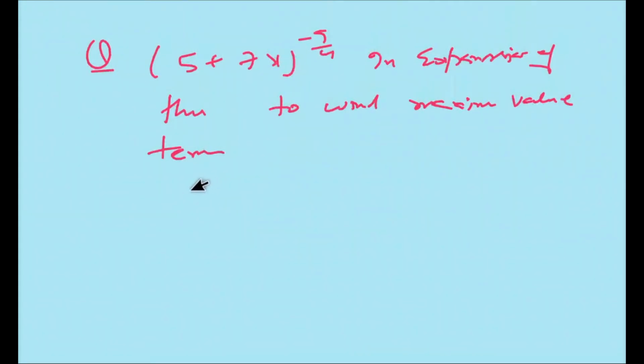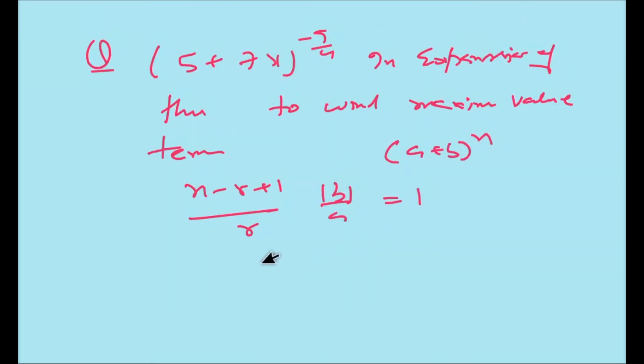Okay students, now we will use this formula: n minus r plus 1 upon r into b upon a in the expansion of a plus b to the power n, where b upon a should be positive, equal to 1.